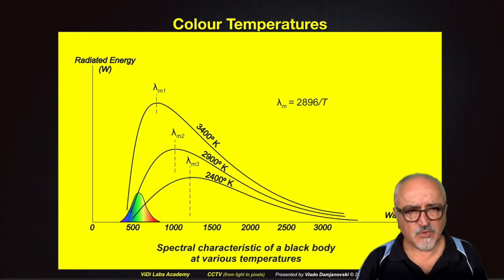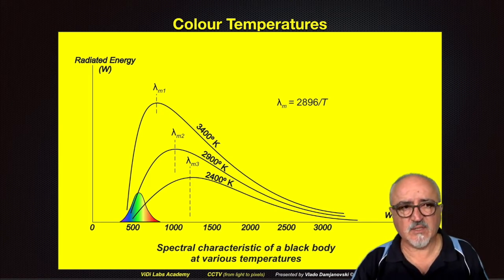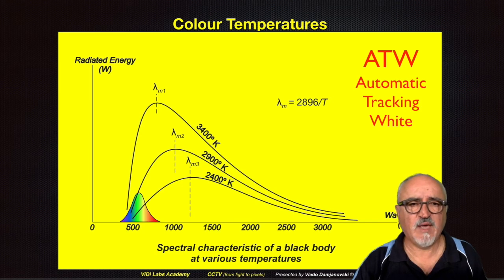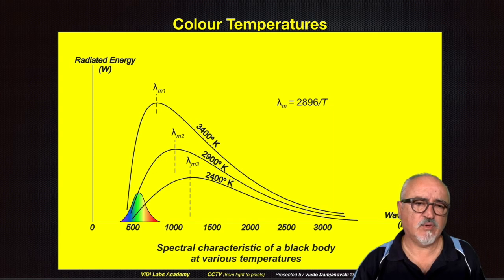Now, today's cameras are a bit more advanced, so we now have automatic tracking white rather than AWB. We now have ATW. So automatic tracking white is basically constantly adjusting this depending upon where the camera looks at. This is a very important adjustment for faithful color reproduction.